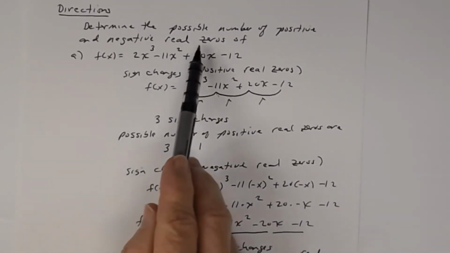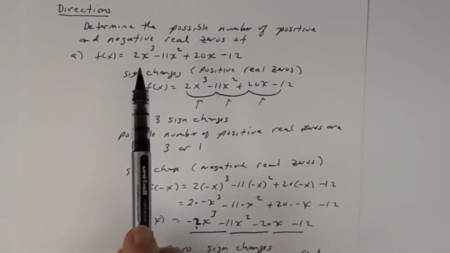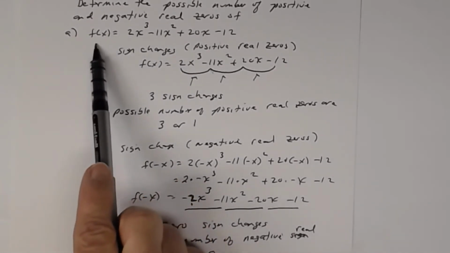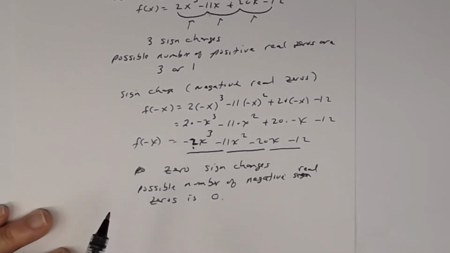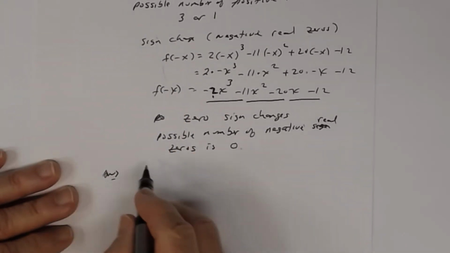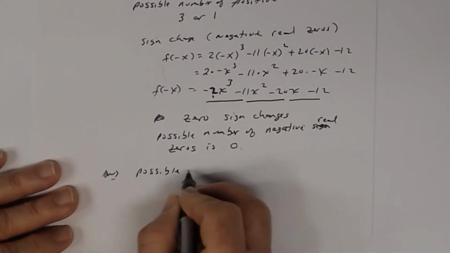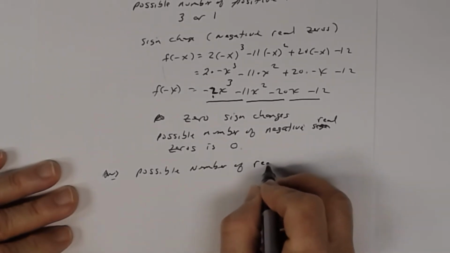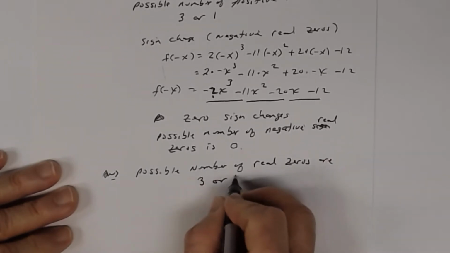So determining the possible number of positive or negative real zeros using Descartes' rule of signs involves looking at the sign changes for f of x and the sign changes for f of negative x. All right, so when you do give the answer, you're going to say this: the possible number of real zeros is 3 or 1.